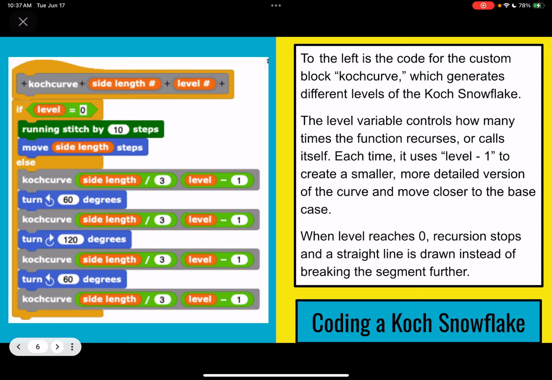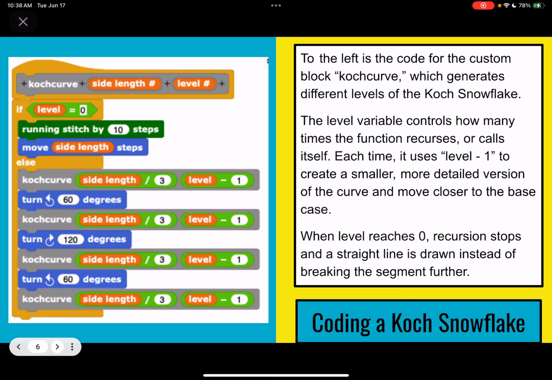On the left, you will see the recursive block that I used to create the embroidered Koch snowflakes. Now let's deep dive into this code. TurtleStitch uses coding blocks to control the turtle's movement. The block is named Koch curve. This block is a great example of how recursion works in computer science.